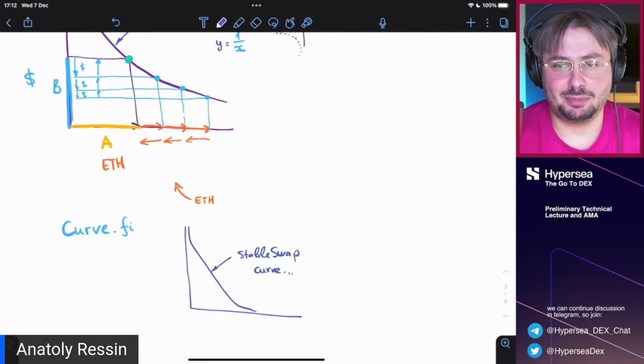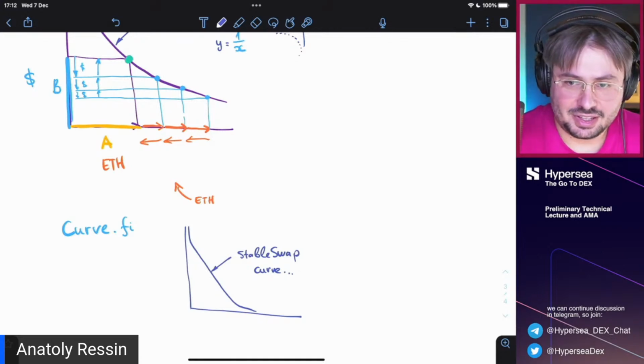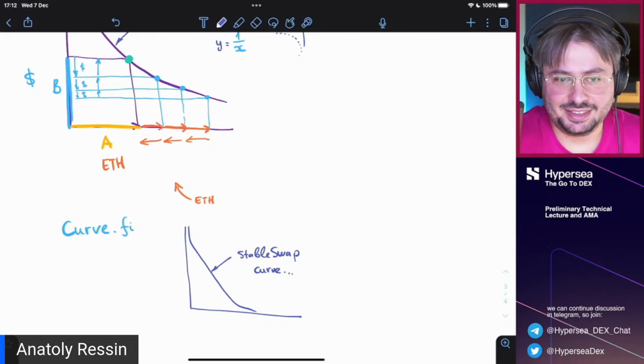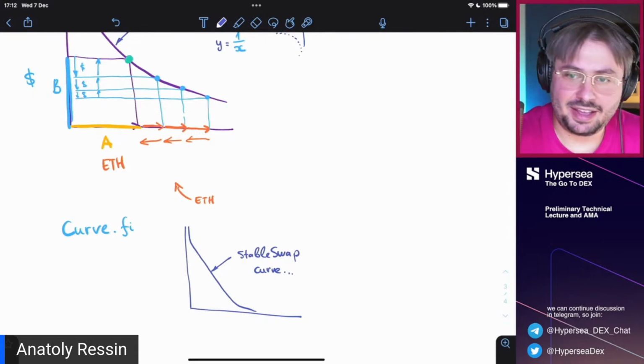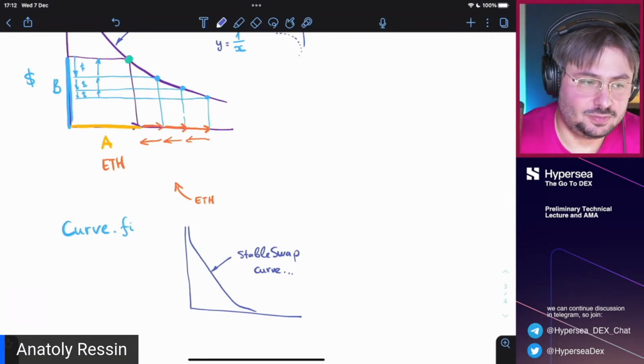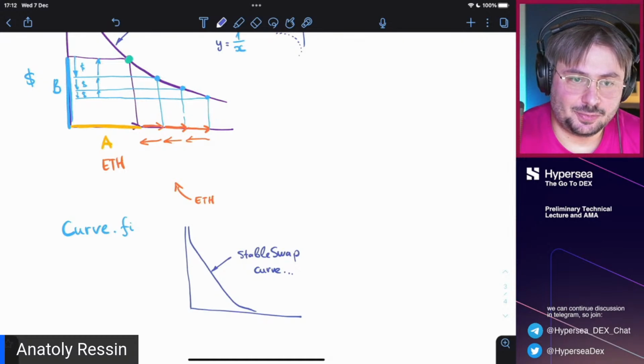For example, von Neumann. And he has a very interesting theory that allows us to explain why and how curves could be constructed.